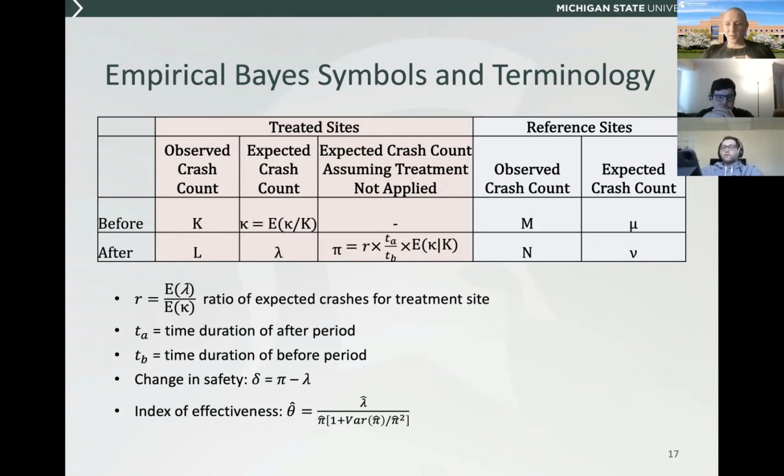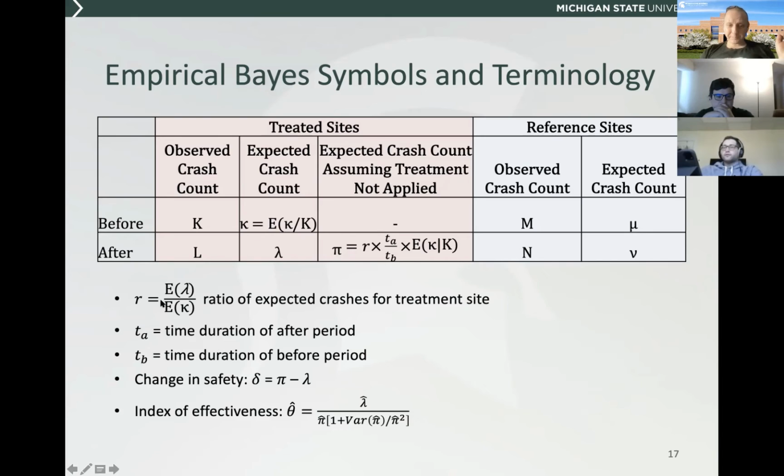So the first step that we just walked through was how we refined our adjustment for the pre-crash or the pre-treatment period, okay? But then we need to extrapolate that forward so that it's in line with what we would expect to see after the treatment, because there could be other changes, which again, in this case, are being captured by trends that we see from the reference sites or from the equation that is based on those reference sites.